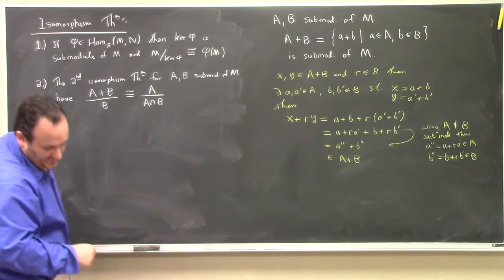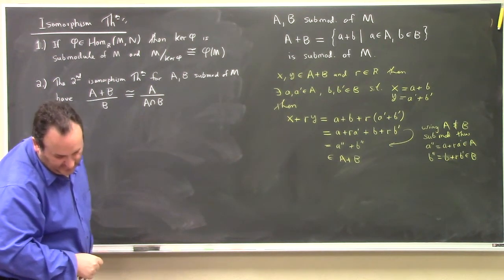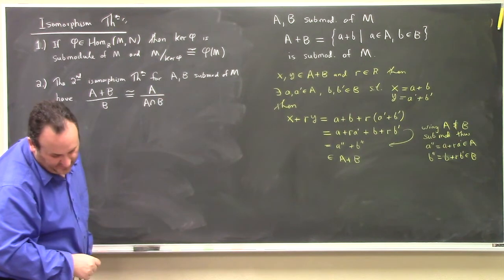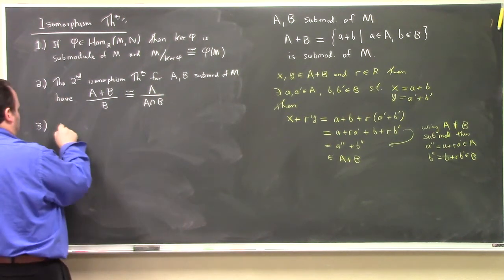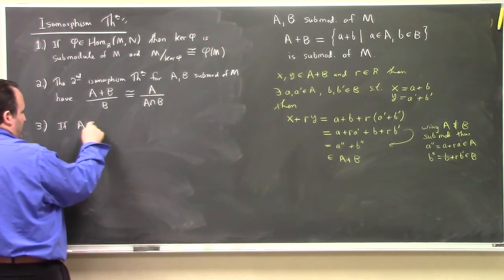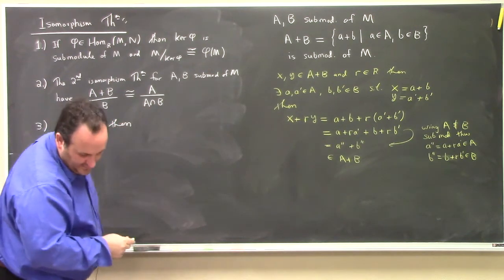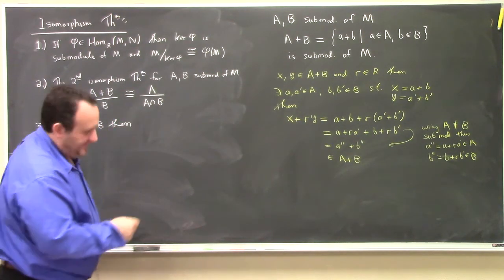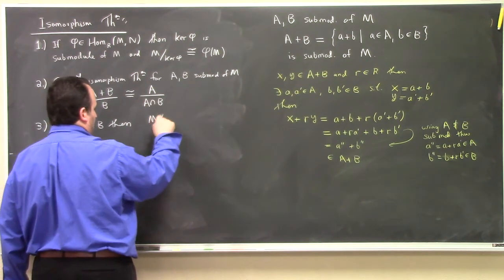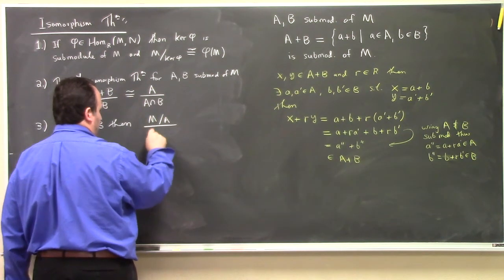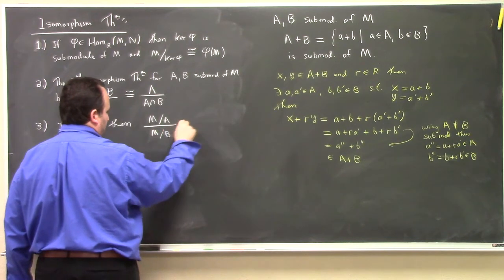Third isomorphism theorem. It says that if you have M as an R module and A and B submodules with A a subset of B this time, then it's kind of like fractions canceling, in the sense that if you have M quotient by A mod M quotient by B, guess what that's equal to?